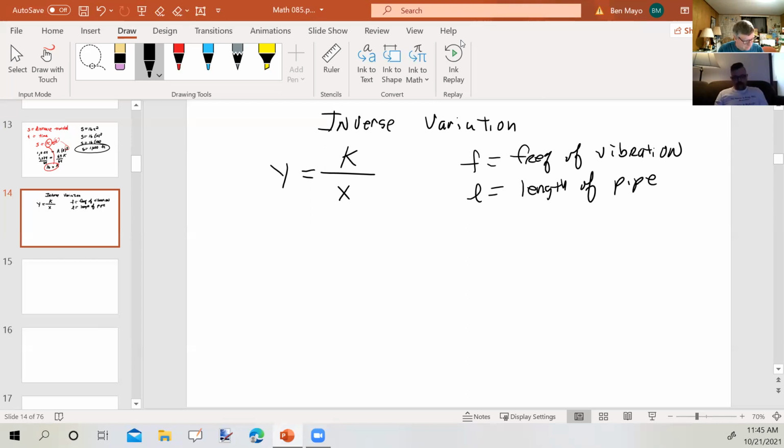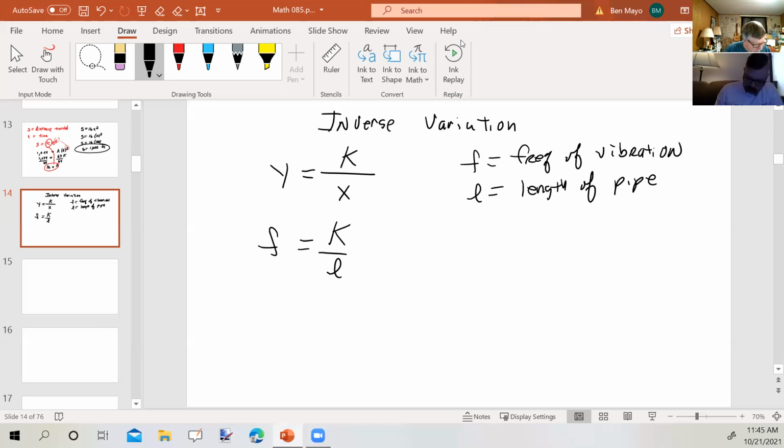The frequency of vibration of air in an organ pipe, so that's F, varies inversely to the length of the pipe. So that's where we get our formula. Good with that? All right, excellent.